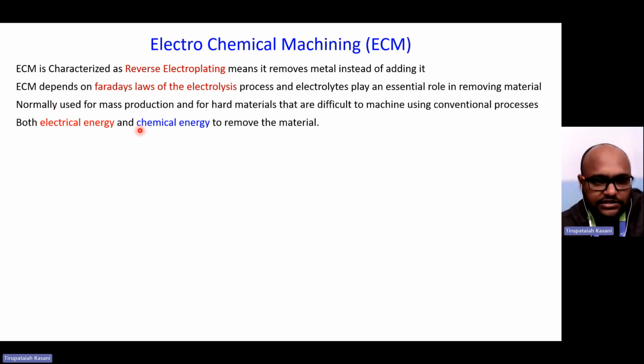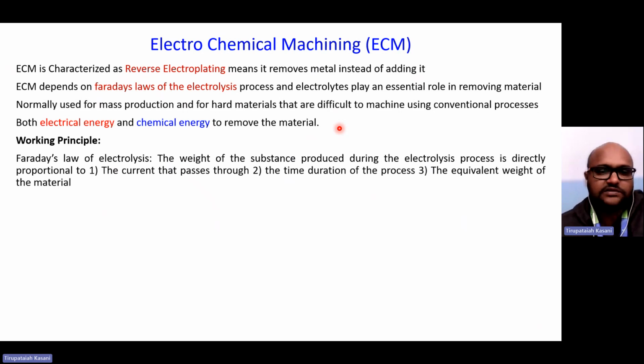It uses both electrical energy and chemical energy to remove the material. As we already saw, whenever there is a power supply in the electrolytic medium, the reactions start with positive and negative ions, and those are responsible for the removal of the material. That is well known.